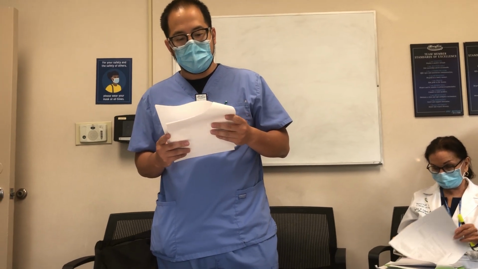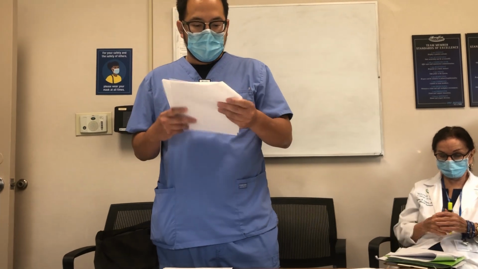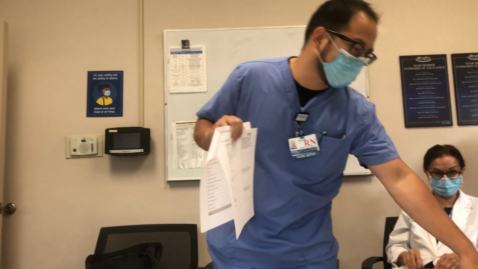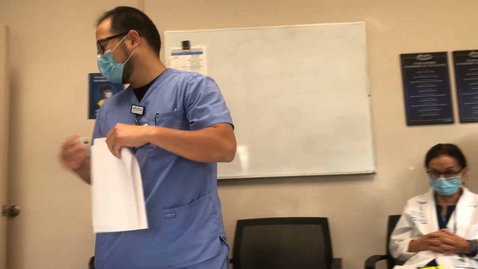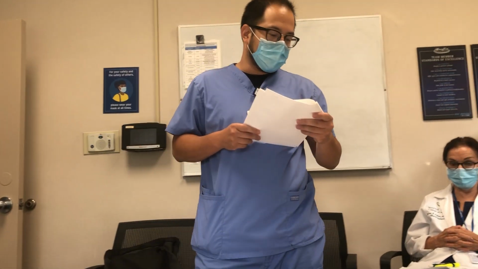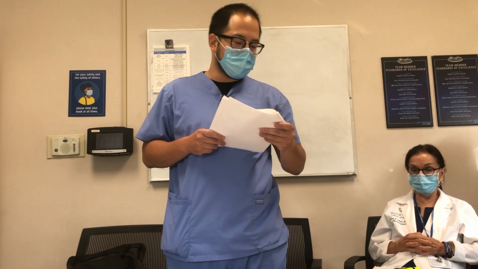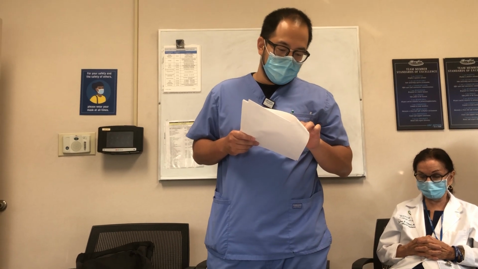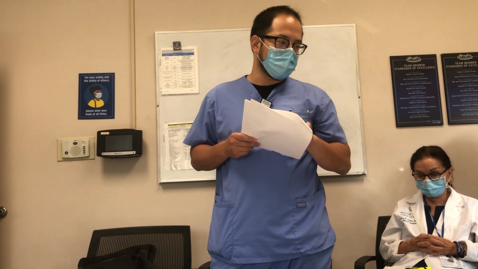So for the ADL mobility section, there is a table for you guys to fill out right here. The table here talks about a numerical numbering system. 0 is total dependence, 1 is assisted device with a person, 2 is with assisted device, 3 is total independence.